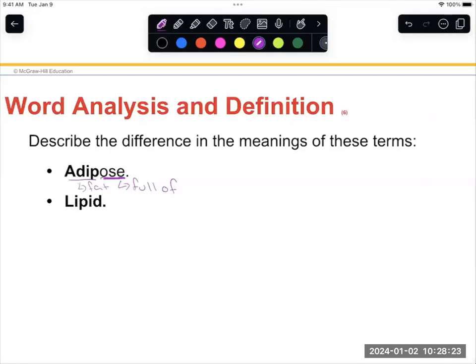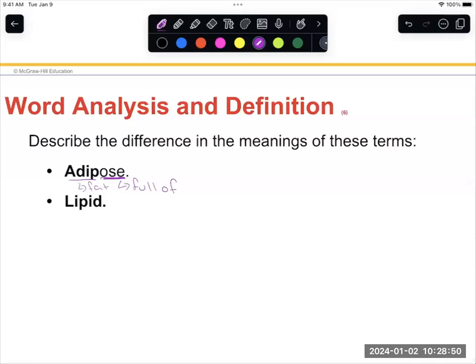Fat does have positive effects in our system. We use fats to help insulate our body, protect both our organs and our bones. We have these little fat pads around our knees. So if you fall and land on your knee, there's a little fat pad that you land on that's helping to protect from injury.